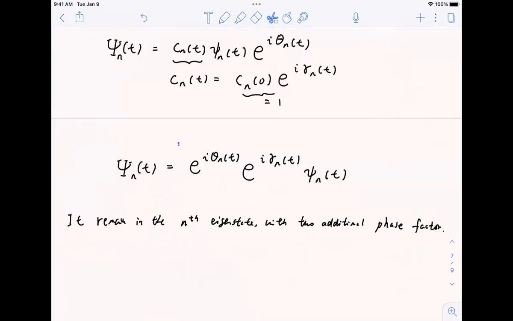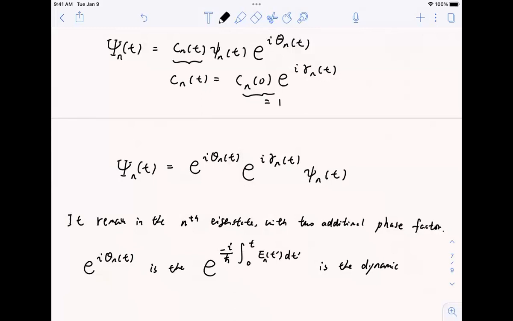So this phase factor is the dynamic phase factor. You just recall it. This one is the dynamic phase, nothing special.